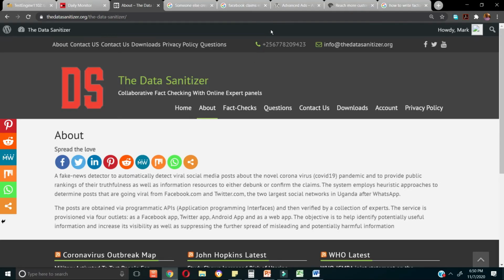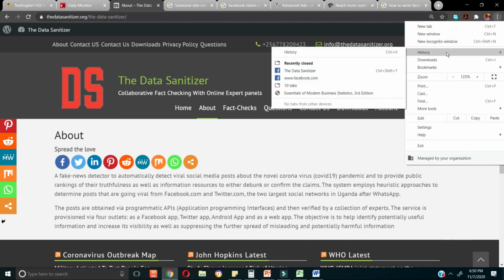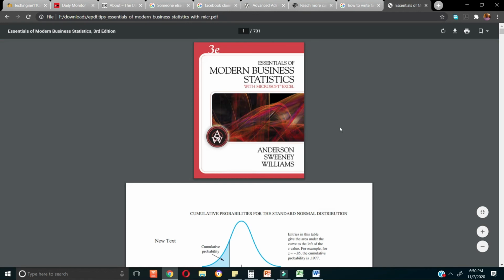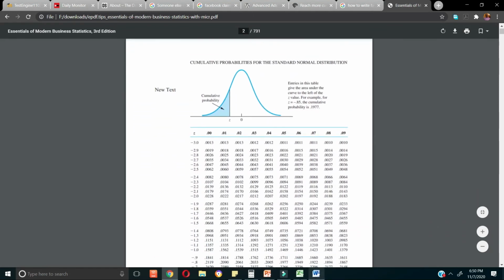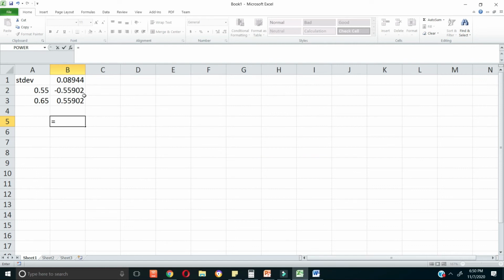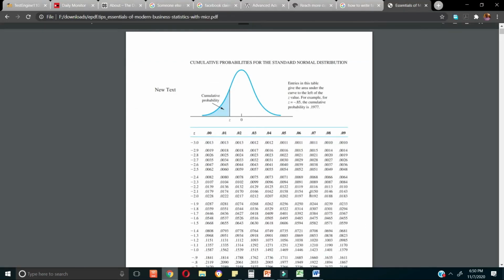Let me just go back and teach you, because the goal is actually to teach you how to use the tables. We have 0.559, so let's see the closest value to that.